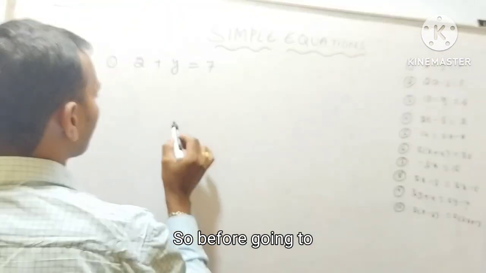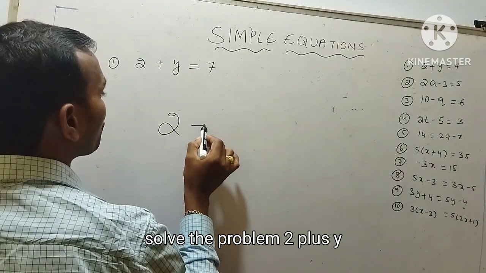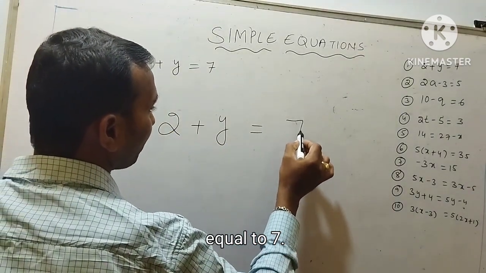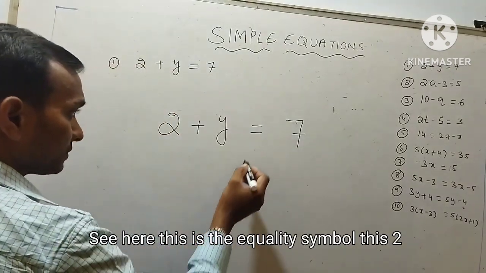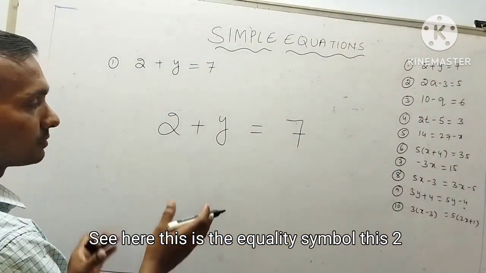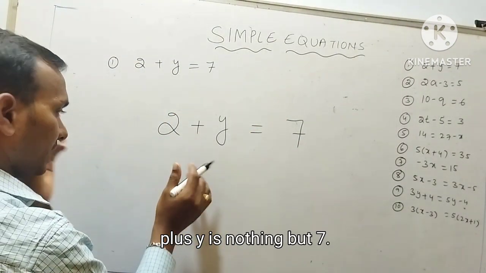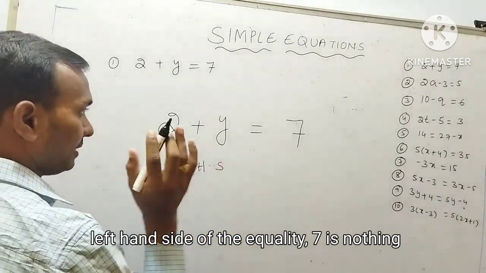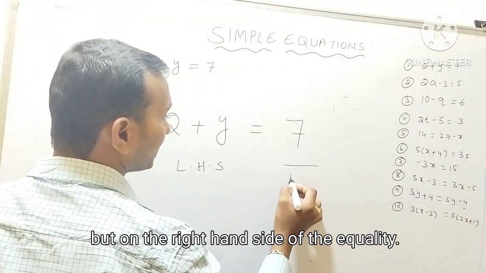Before going to solve the problem, 2 plus y equal to 7. See here, this is the equality symbol. This 2 plus y is the left hand side of the equality, and 7 is on the right hand side.